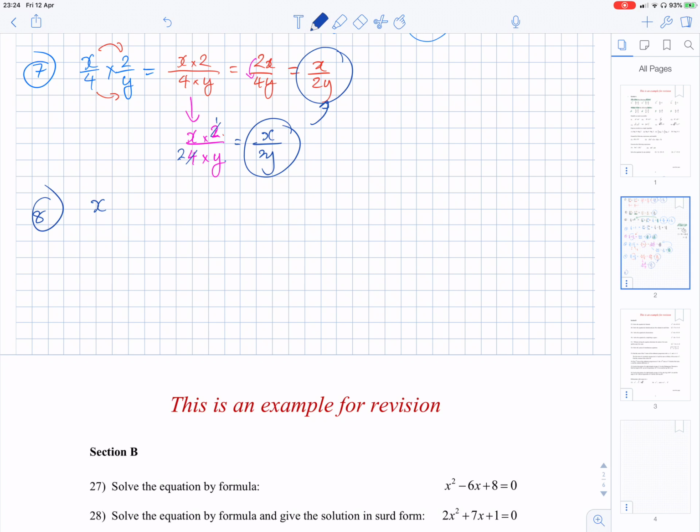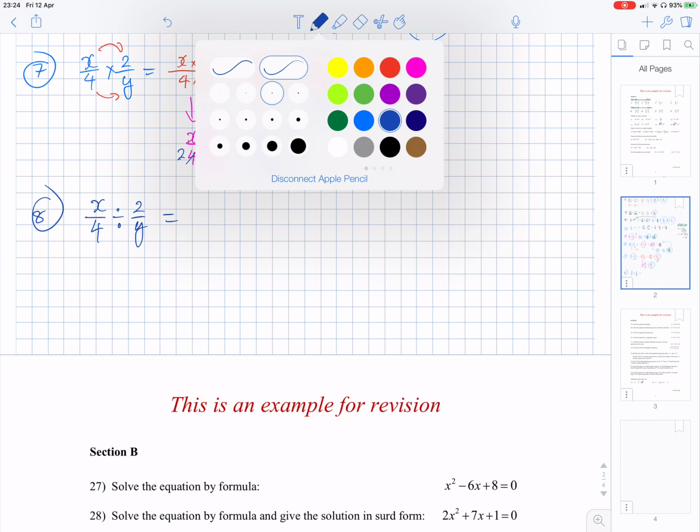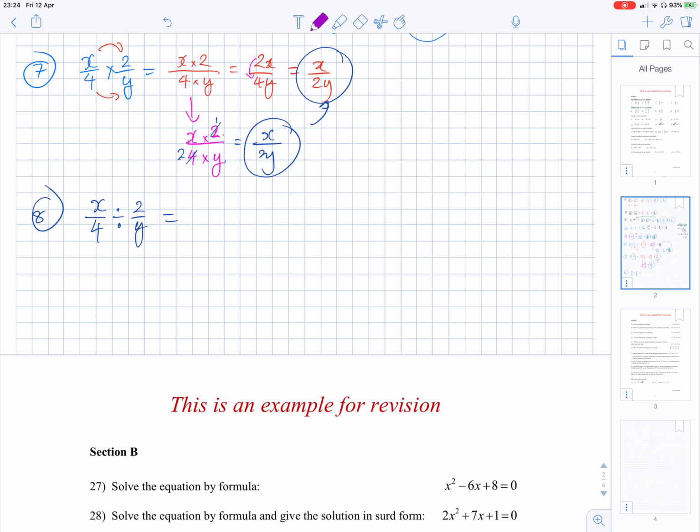So x over 4 divided by 2 over y. Because this is dividing, and when you're dividing fractions, you can simply change that to a times and then flip the second fraction, not the first, to y over 2. So that becomes x over 4 times, because the divide becomes times, y over 2.